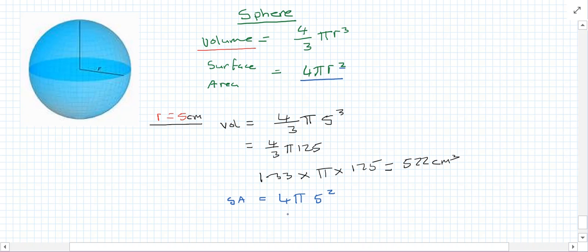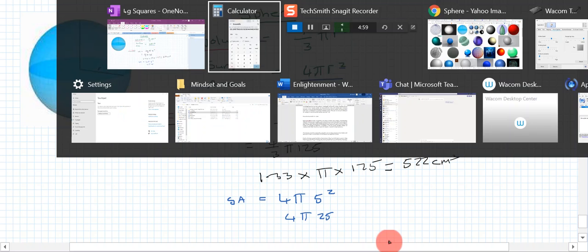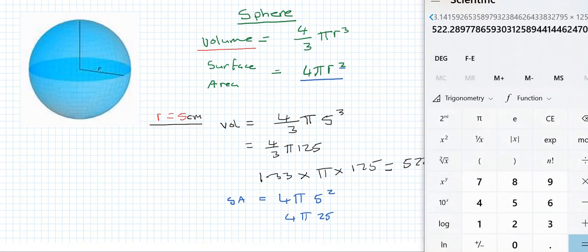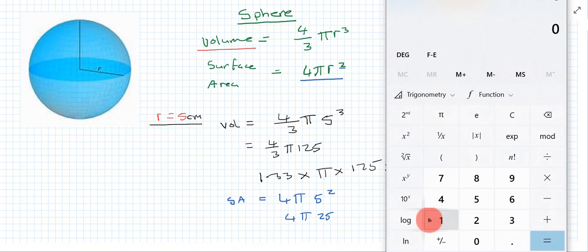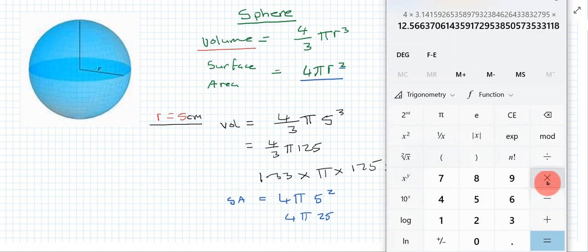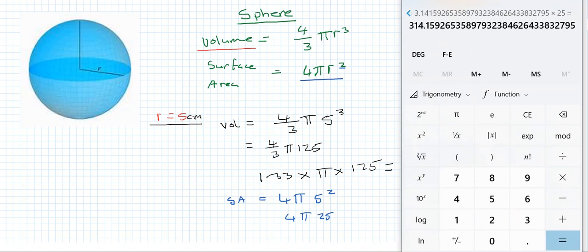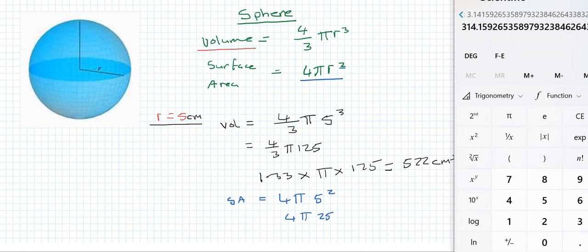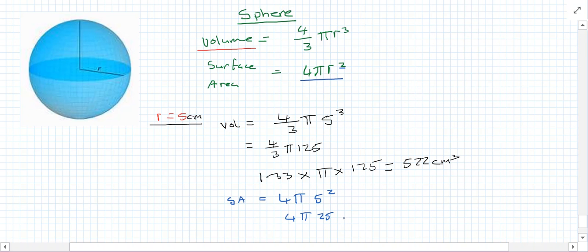So that's equal to 4 times pi times 25, and using our calculator, that's equal to 314, centimeters squared.